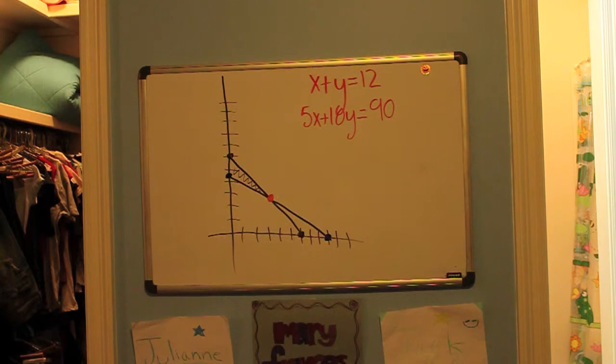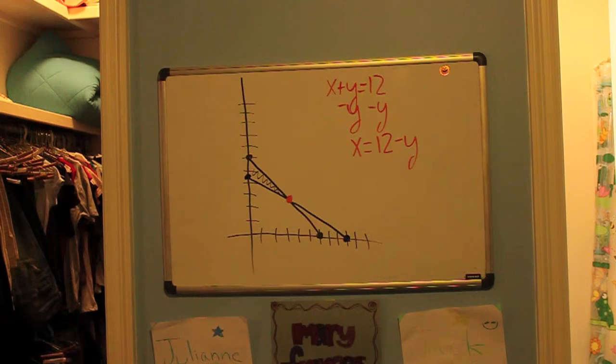In this problem, I am going to show you how to use substitution. For substitution, we are going to want x or y by itself in either of the equations. I'm going to find x by itself in the first equation, x plus y equals 12.